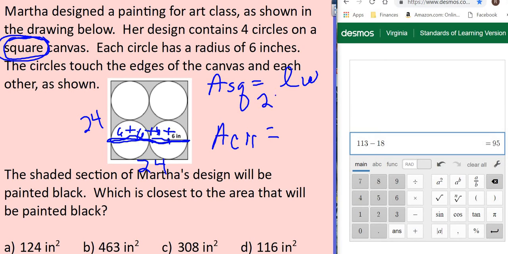So you've got 24 times 24 is going to be the area of your square. We'll go ahead and do that just so that we have the number. So 24 times 24, the area of your square is 576 inches squared.